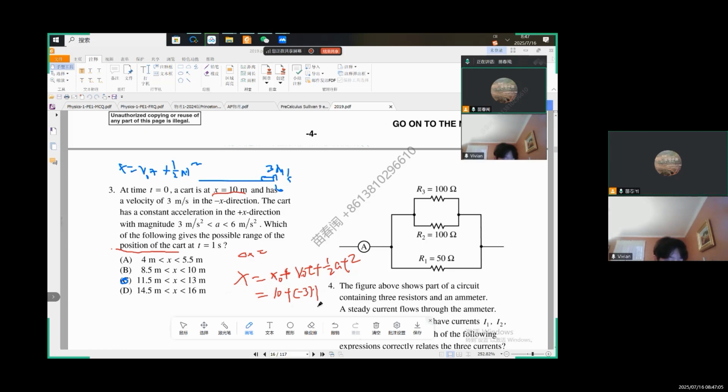Because Newton's is a vector equation, which is better than the great scientist Descartes. His one doesn't really involve vectors, so positive negative is not that important. So that's why his formula can only be used on some occasions.